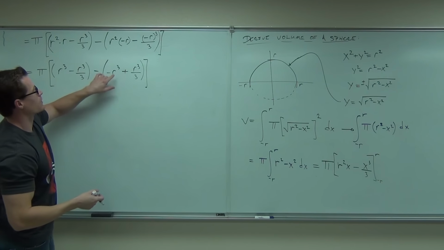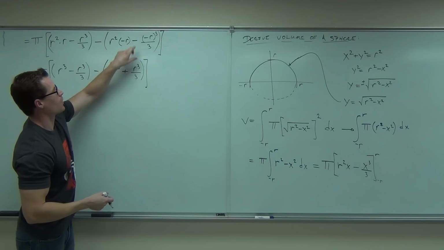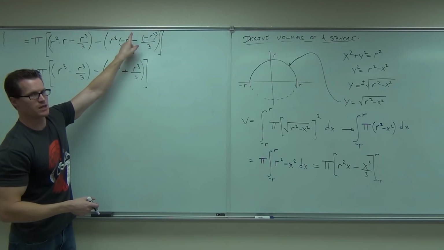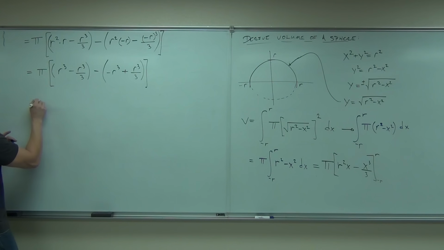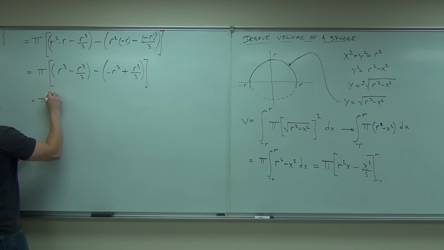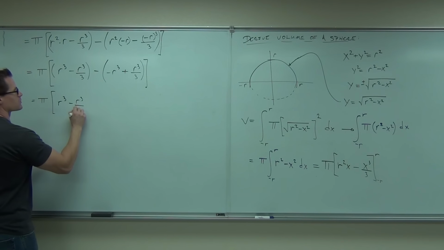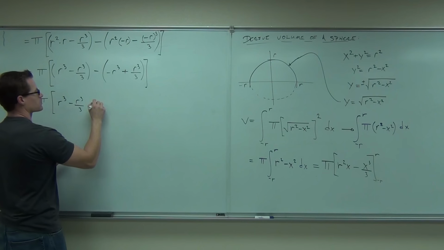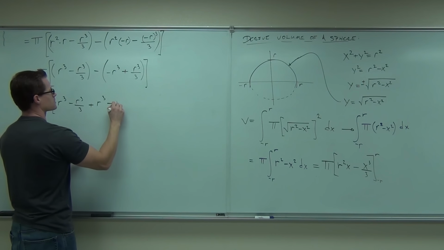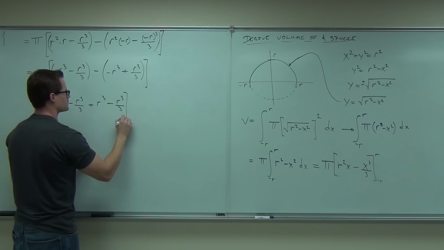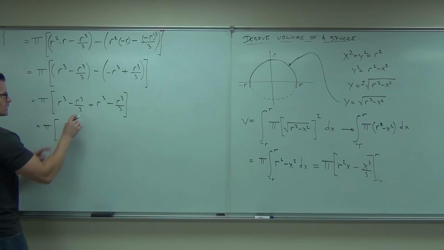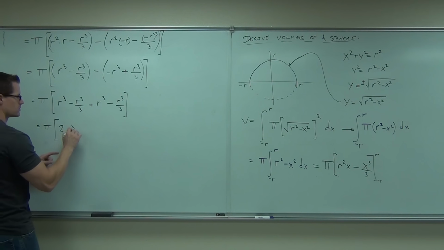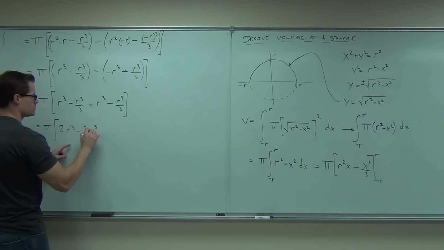I got negative r cubed, I got positive r cubed over 3, because negative, negative, negative is plus. Don't forget any brackets yet, not done. r cubed minus r cubed over 3 plus r cubed minus r cubed over 3. Two r cubed minus 2r cubed over 3.